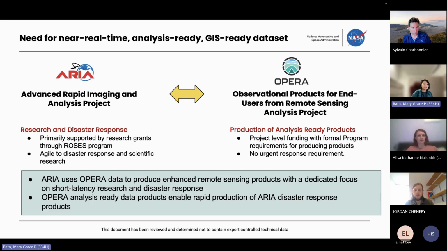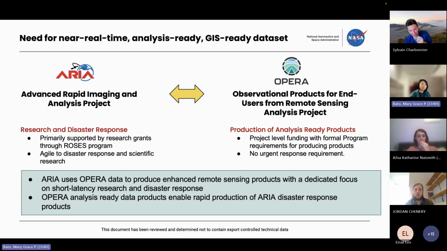Okay. So fortunately, you don't have to deal with this all the time. We now provide them almost routinely. We have two projects at JPL where I'm involved: the ARIA project, the Advanced Rapid Imaging and Analysis project, and another one is OPERA, the Observational Products for End Users from Remote Sensing Analysis project.